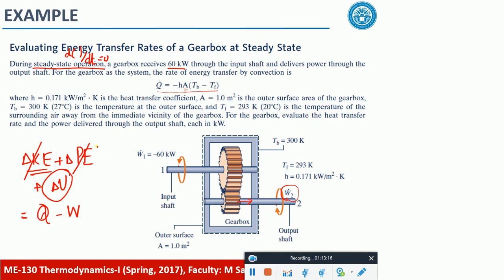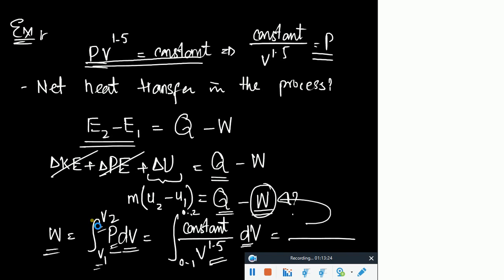Now, what we need to do is, we do not need to look at the first law of thermodynamics in this form. What you need to look at, now let me show you another form of this process.